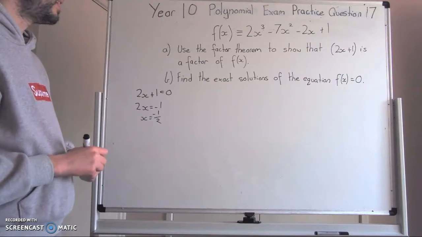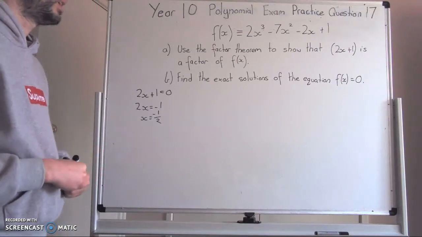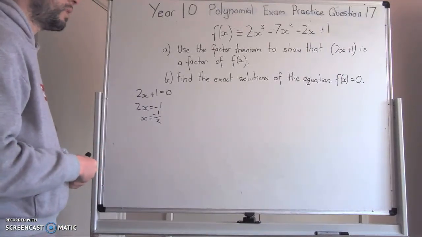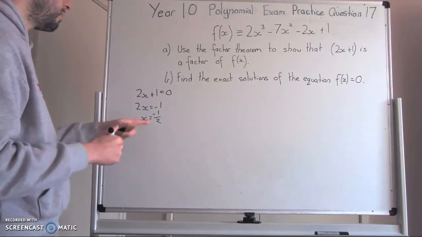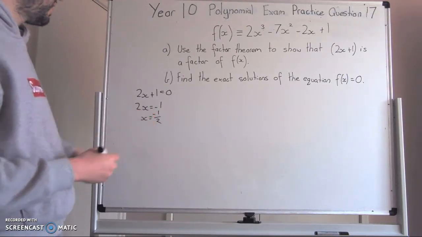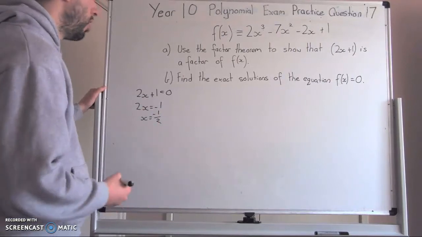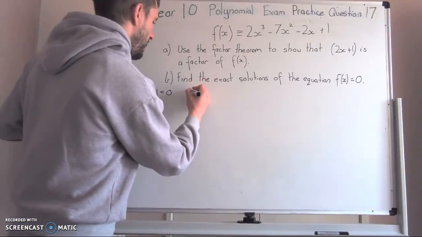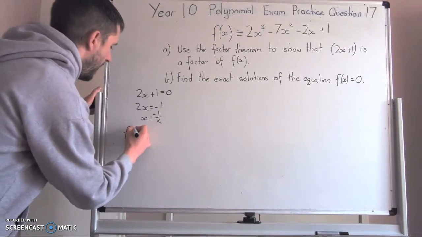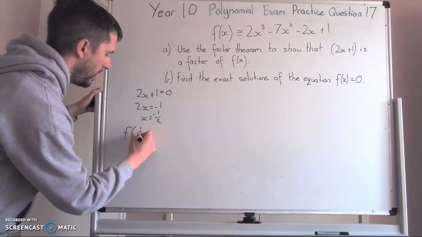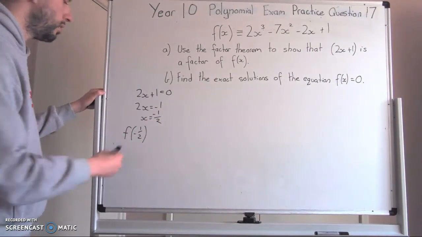The next step, it says use the Factor Theorem. So all that means is whenever I have an x, I'm going to be putting in x is equal to negative 1 over 2. That just means I have the function when x is negative 1 over 2.